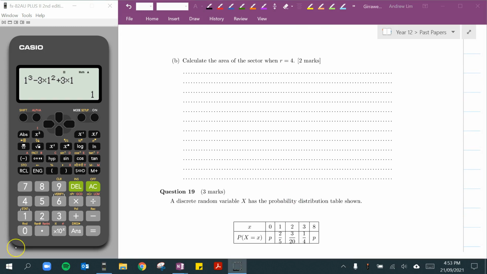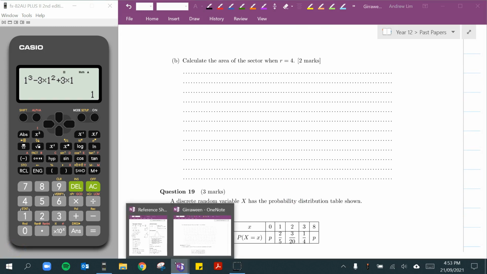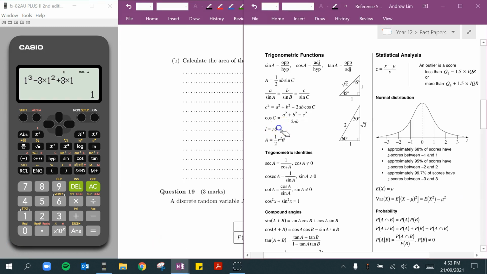Question B. Calculate the area of the sector when r is equal to 4. So let's have a look at our reference sheet. Here's the area of a sector, half r squared theta.